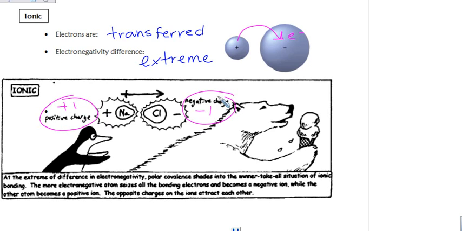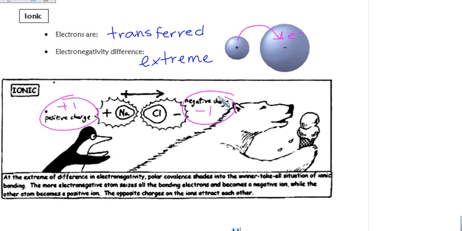And so again, it says in this little cartoon now, the polar bear is just going to take the ice cream. At the extreme of difference in electronegativity, polar covalence shades into the winner-take-all situation of ionic bonding. The more electronegative atom just totally seizes all the bonding electrons to become an ion. Completely transfers all the electrons.